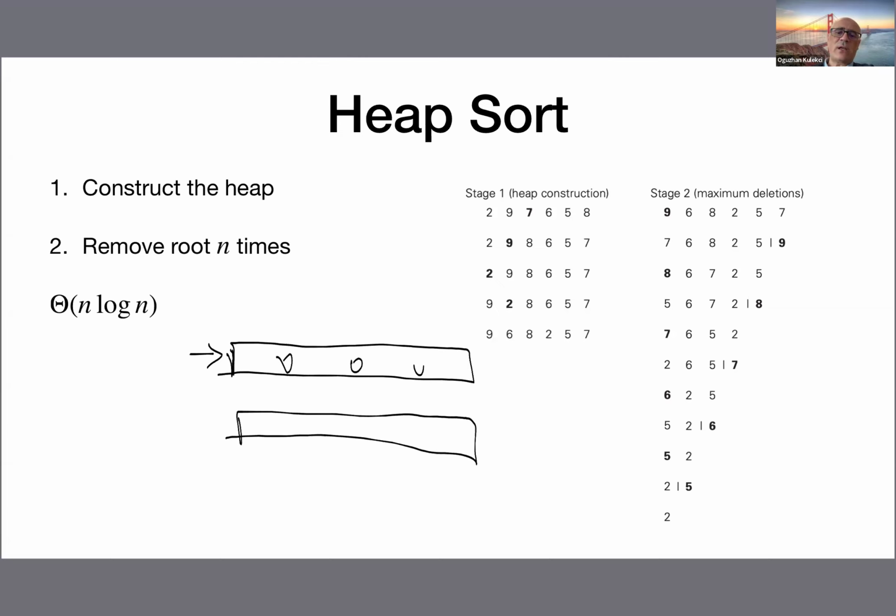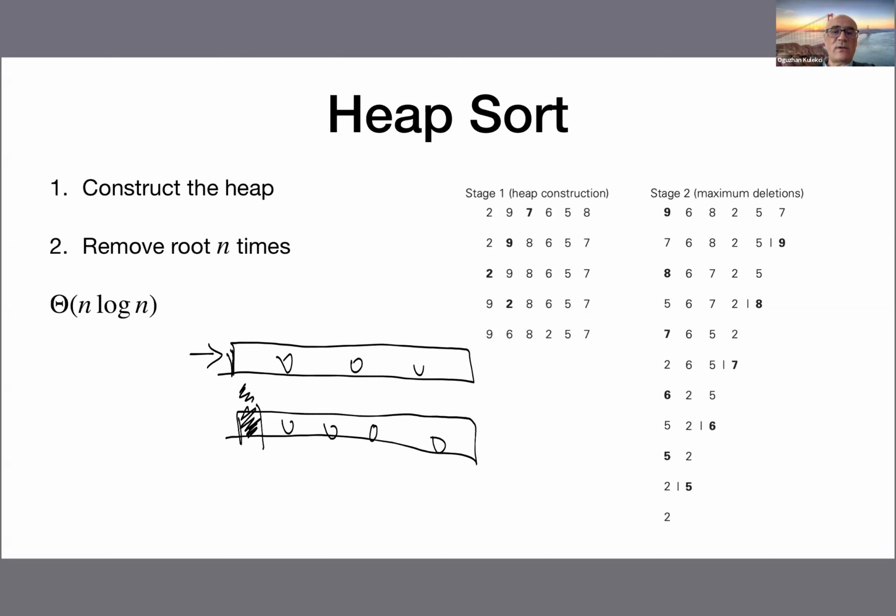Still, you have an array, you just change the positions of some of those elements. And with this construction, you are sure that if you are constructing a min heap, the minimum value is at the initial position. If you are creating a max heap, the maximum value is at the initial position.